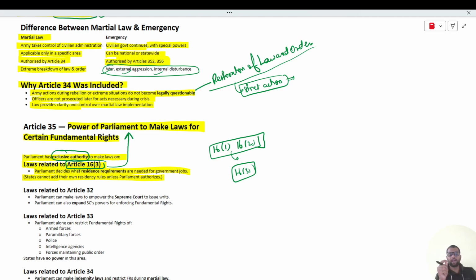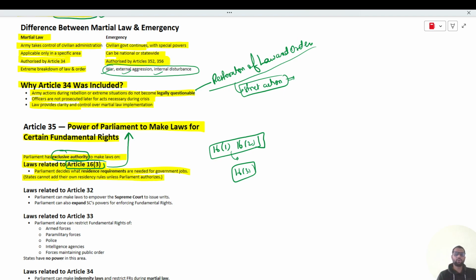Even if the state of Telangana wants a residence requirement for a particular post within the state government, it has to ask the Parliament to pass the law to authorize that.